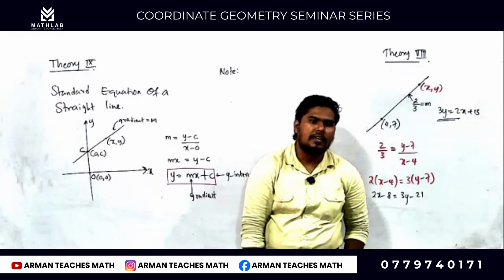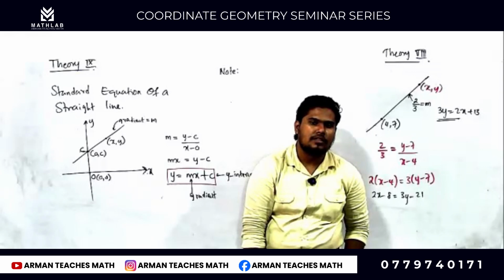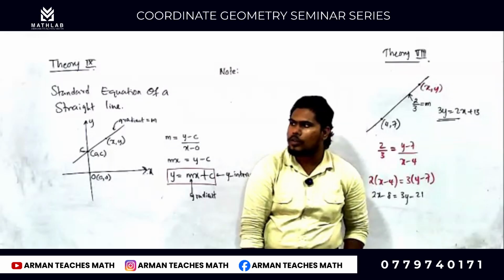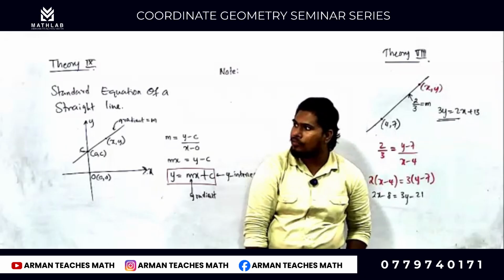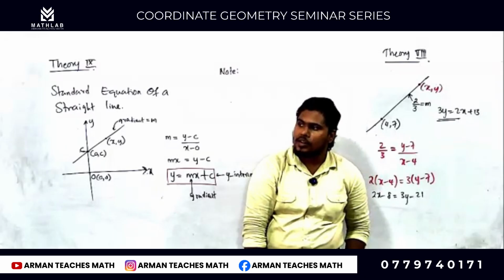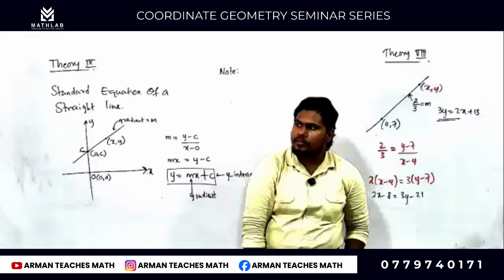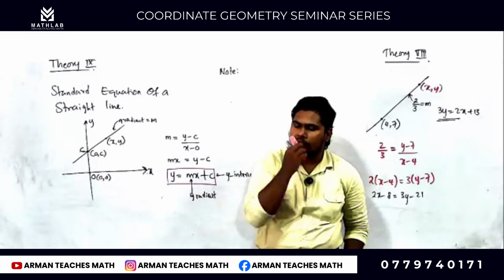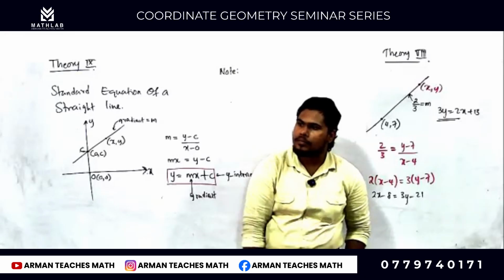The gradient is given by the coefficient of the x term. The gradient of the straight line is given by the coefficient, that is, COEFFICIENT, of the x term.